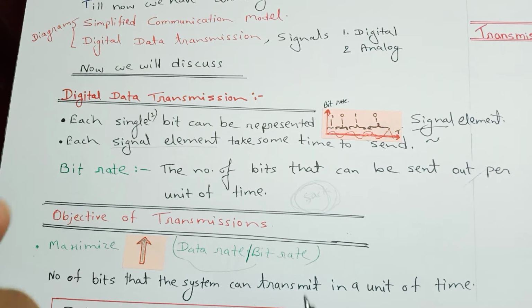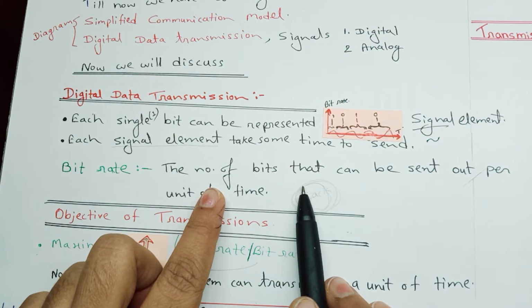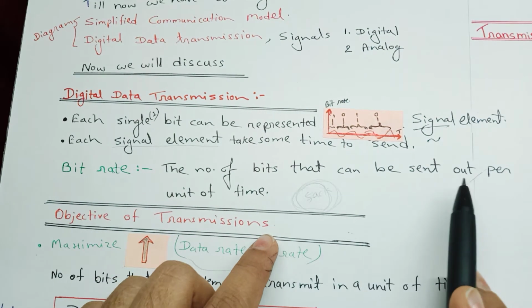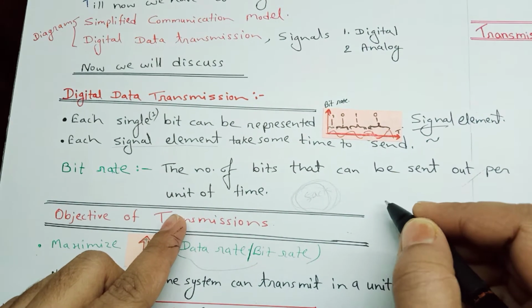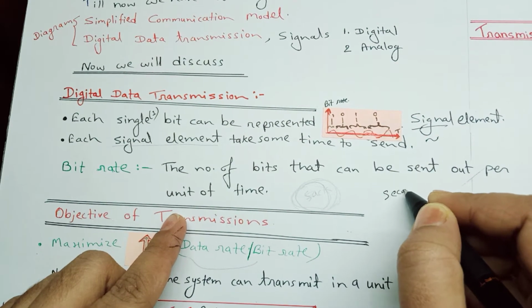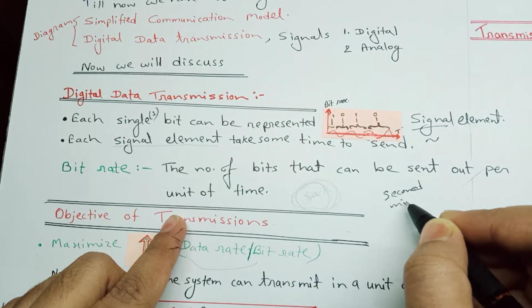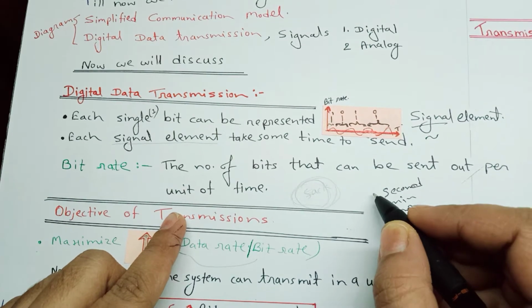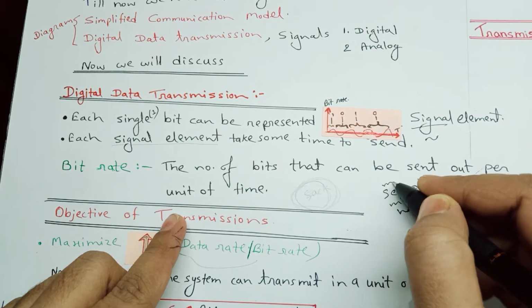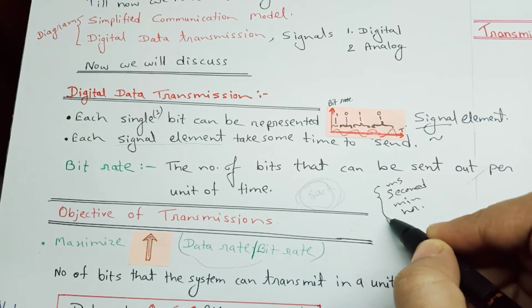The number of bits that can be sent out per unit time, this unit may be second, minute, hour, or millisecond.